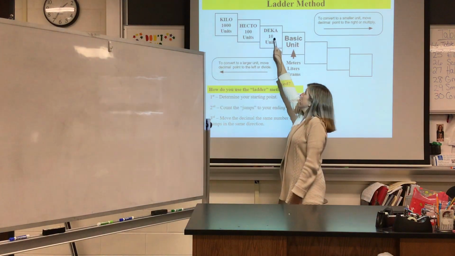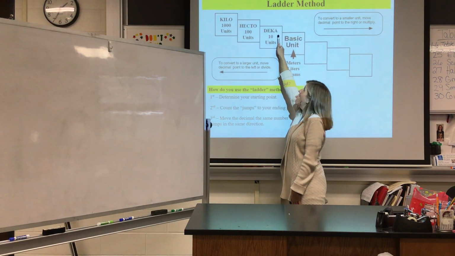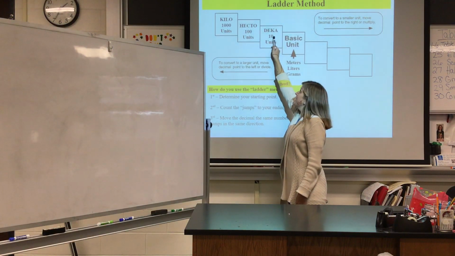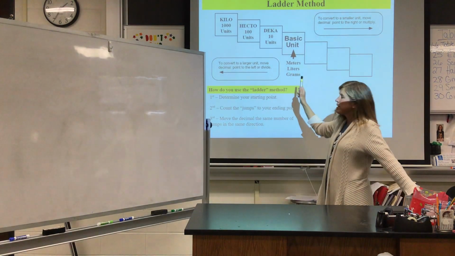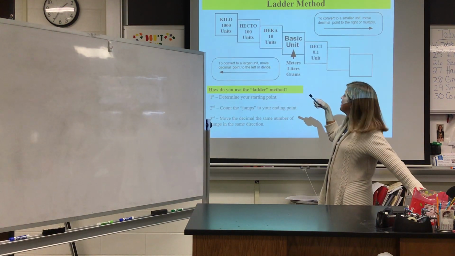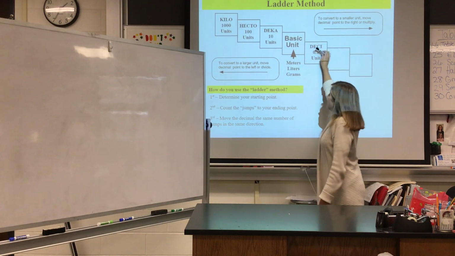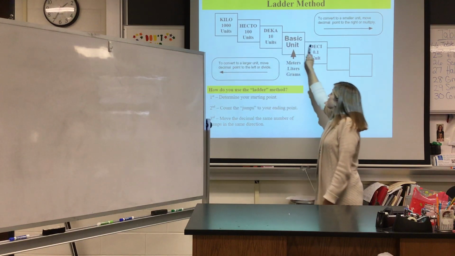Deca, pay close attention to this word. It's deca with a K and an A. Sometimes you'll see it with a C and an A, but it is always the one that ends with the vowel A, deca. 10 basic units. Then smaller than the basic unit, which is below the basic, is deci, which is why you need to know the difference.